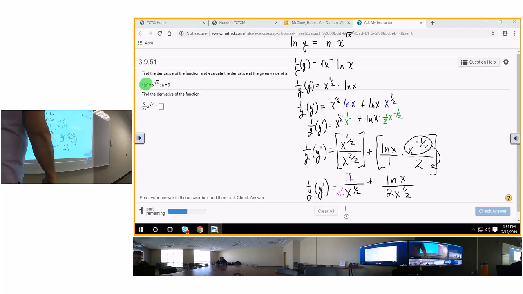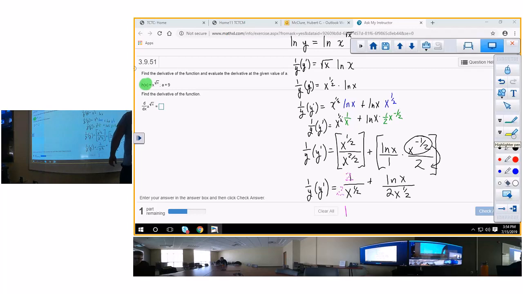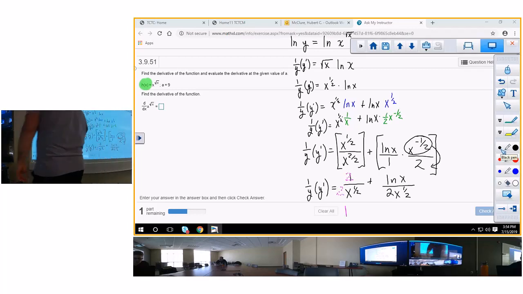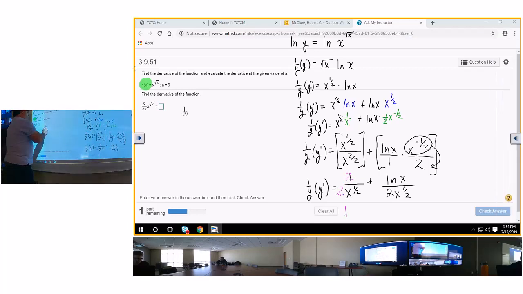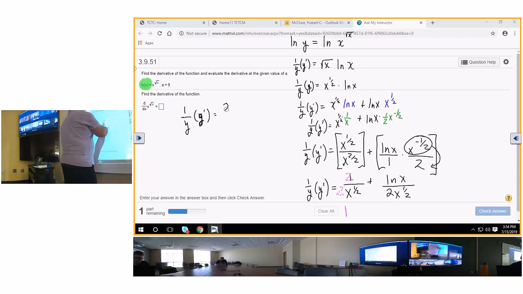So now we've got everything over 1, so I can rewrite it as 1 over y times y prime is equal to, well, that's going to be 2 plus the natural log of x over x, or 2x to the 1/2 power.